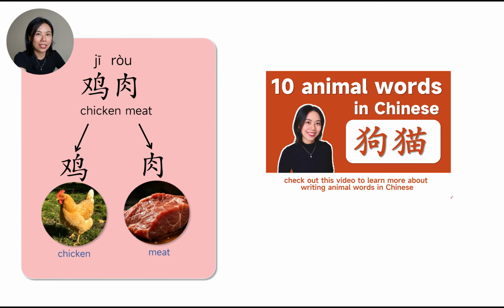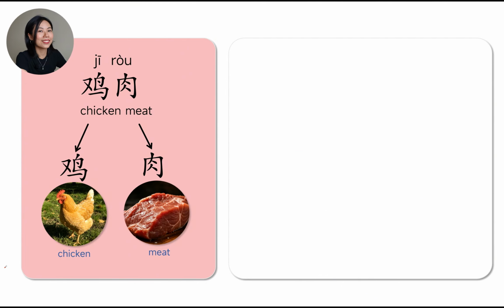In that video, I explained 10 animal words like chicken, dog, pig, etc. So in this video, I'm not going to spend too much time talking about how to write the animals, right? If you want to learn to write the animals, please check out my other video, how to write 10 animal words.